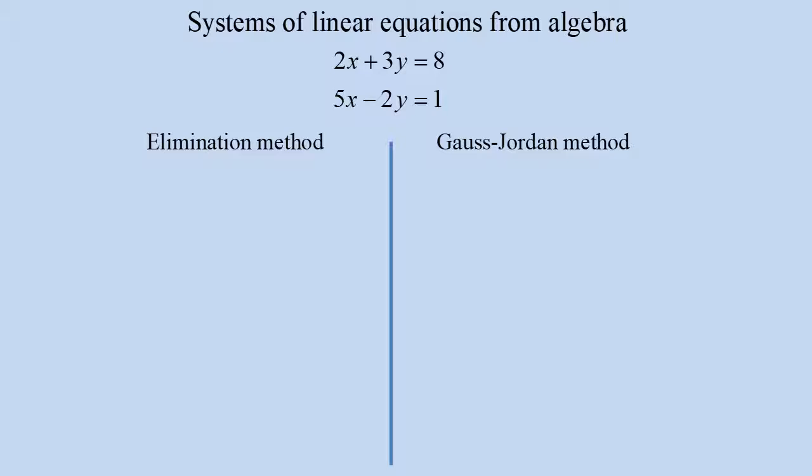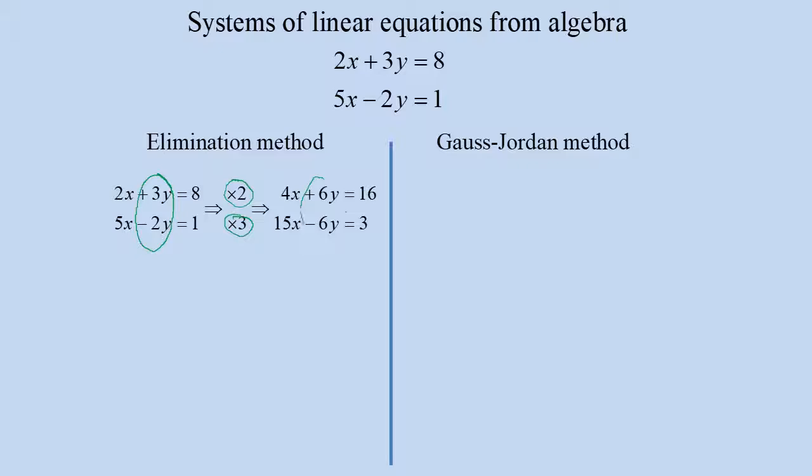mostly in differential equations. So first off, let me show you about the elimination method. To do the elimination method, all we need to do is adjust the coefficients of one of the variables so that they match. For example, here I'm going to make the coefficients of y match by multiplying the first equation by 2 and multiplying the second equation by 3.